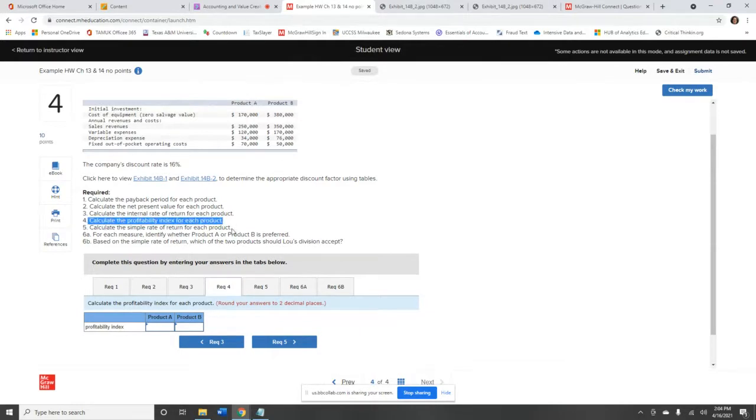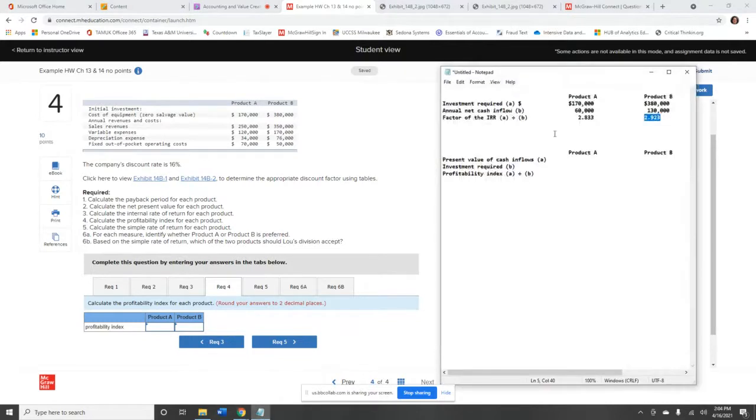So calculate the profitability index. We've got A and B again. We're going to calculate that right here, and this, of course, was internal rate of return. So here's your profitability index. For this, instead of the net cash flow, we need the present value of the cash flows.